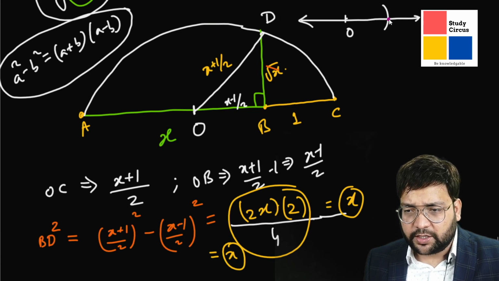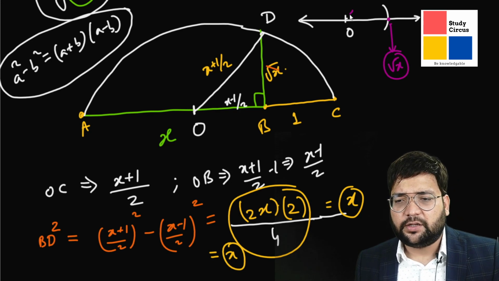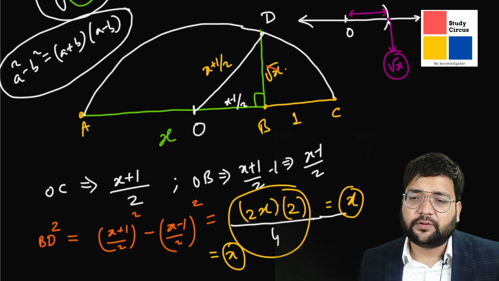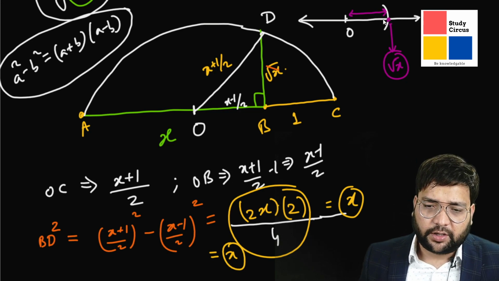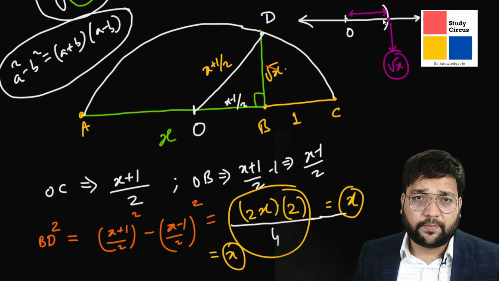This point here is root of x, the same length as BD. This is how we can represent an irrational number on the number line.